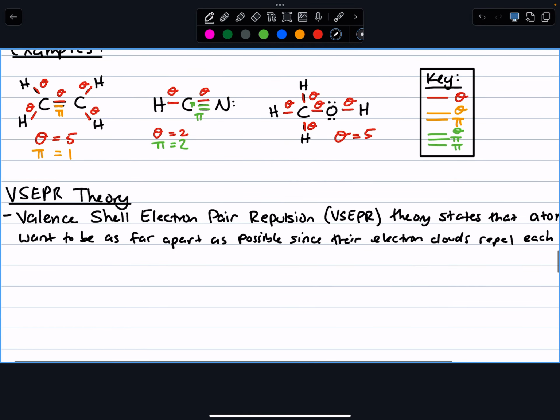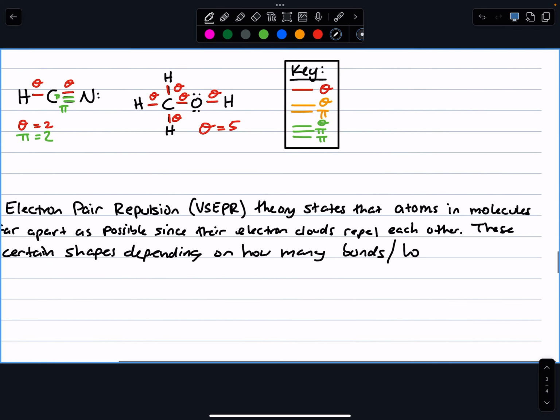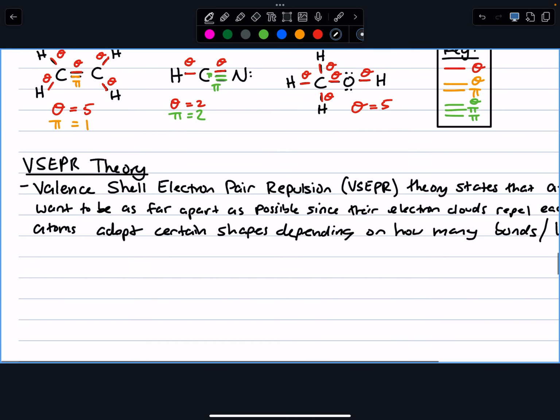These atoms adopt certain shapes depending on how many bonds and lone pairs are attached to the central atom.